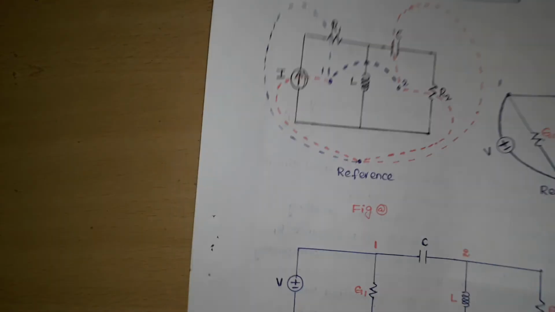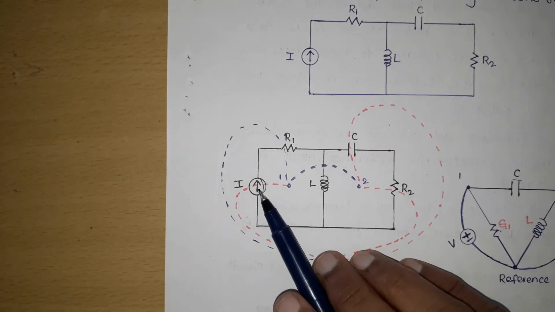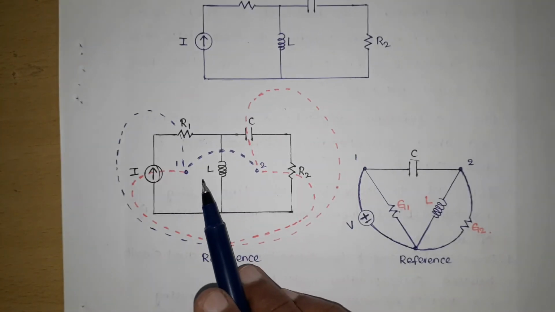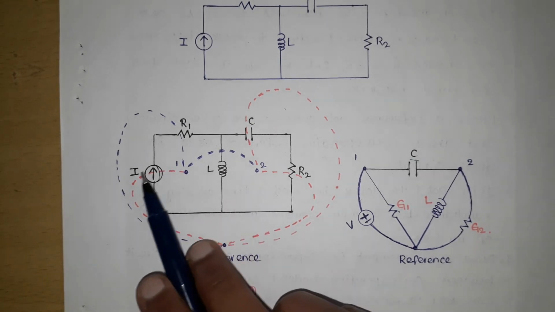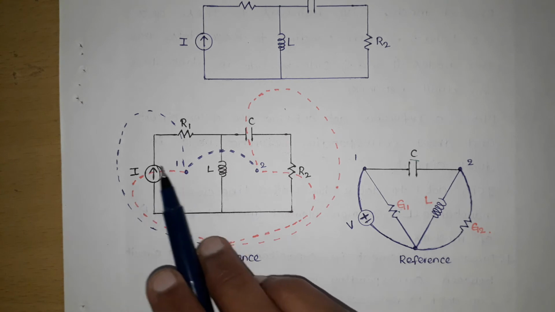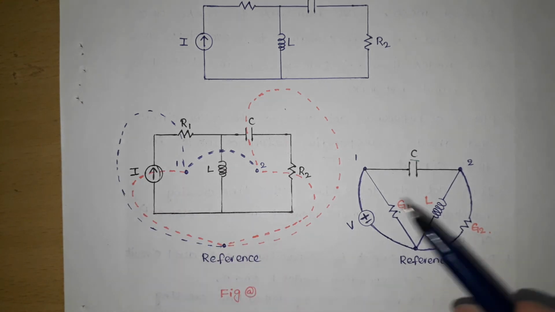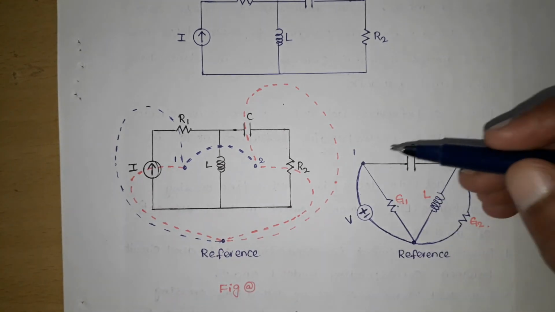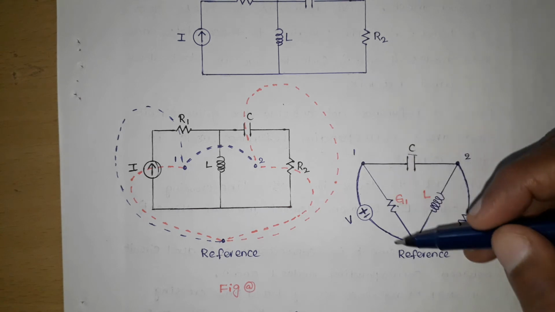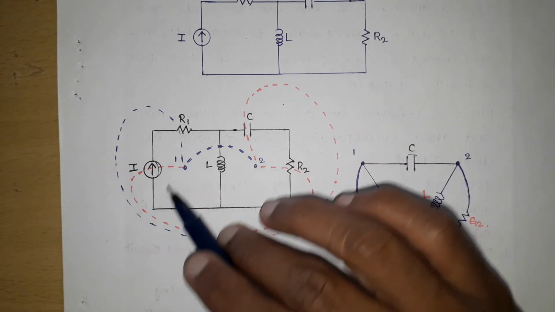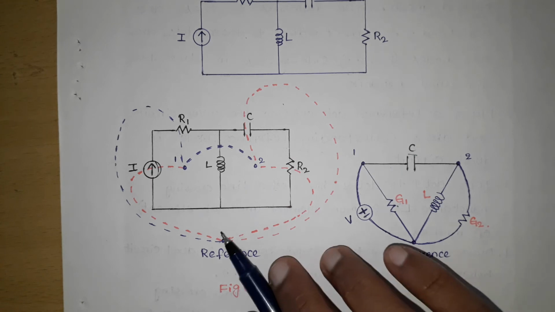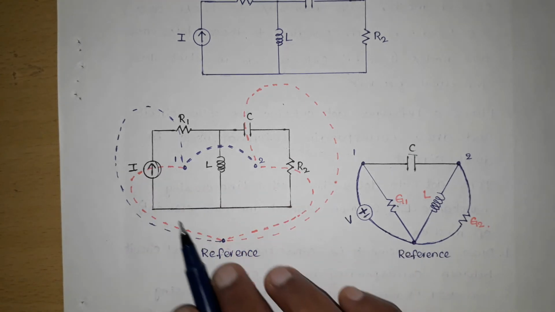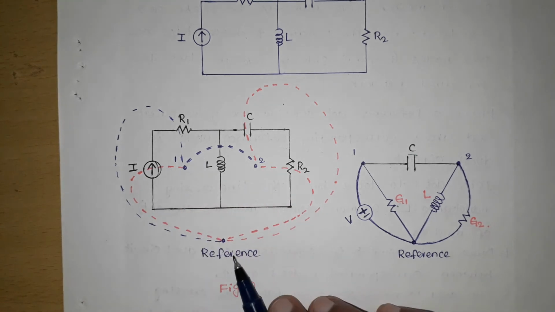So here we are focusing on this current source. Join this node dot 1 with the reference dot with the dotted line crossing the current source. Now in the dual circuit, in between node 1 and reference node, you replace the dual of the current source. The dual of current source is voltage source, and here the current is passing from the reference.